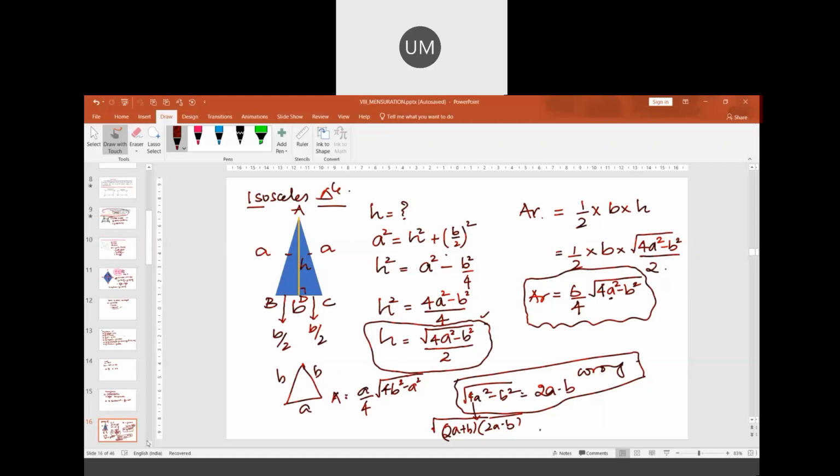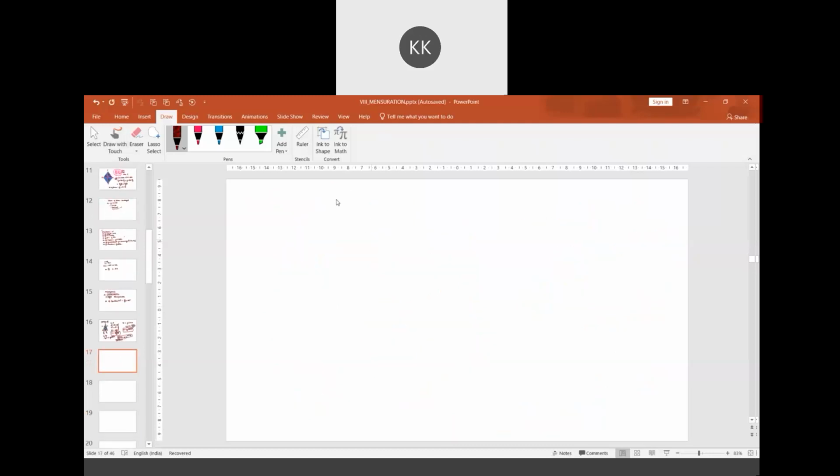If there is an isosceles triangle having equal sides as 6 units and the other side is say 10 units, 10 centimeters, what will be the area? Are you calculating?